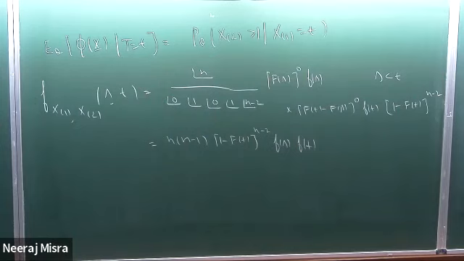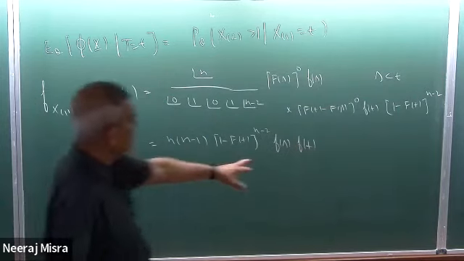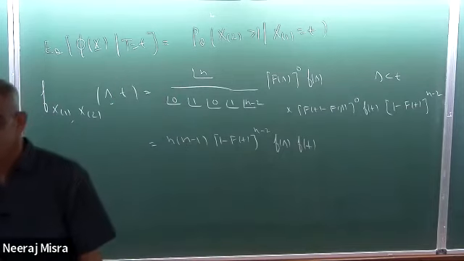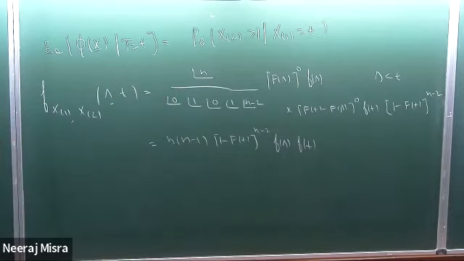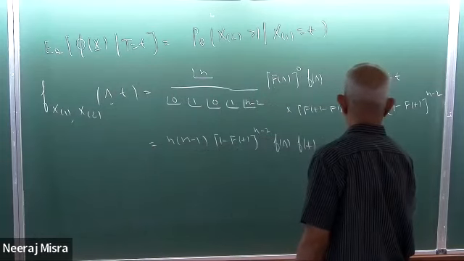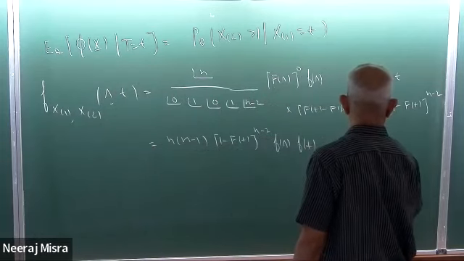Now s is less than t, so this would be positive only when s is bigger than theta, right? Because it's exponential. S is greater than theta. So this would be for s less than t.